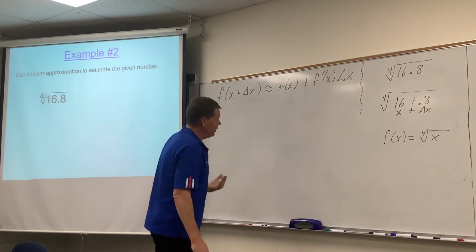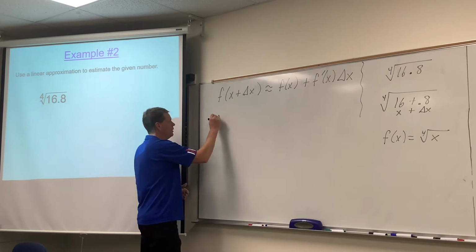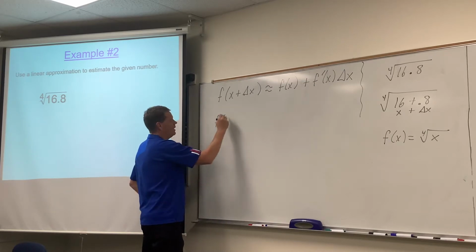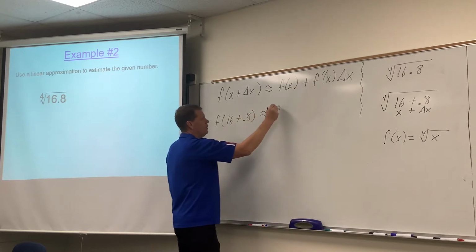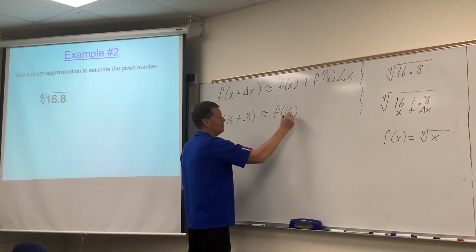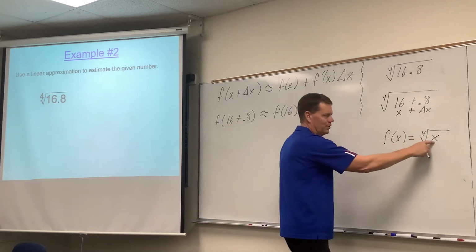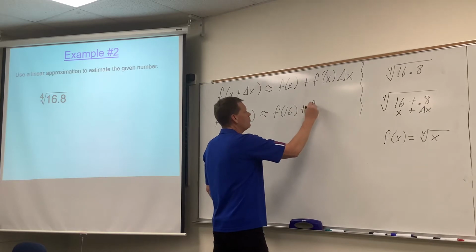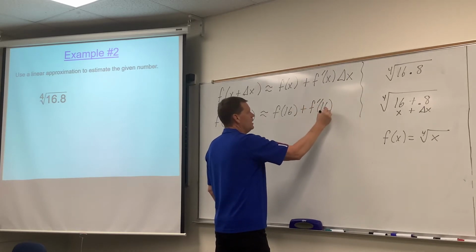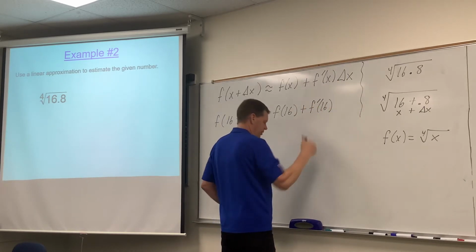So if we follow this particular pattern here, where we say, all right, I want to find f of 16 plus 0.8, then that'll be approximately equal to f of 16, the fourth root of 16, you can do that in your head, plus f prime of 16 multiplied with the 0.8.